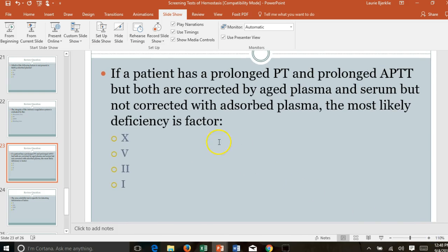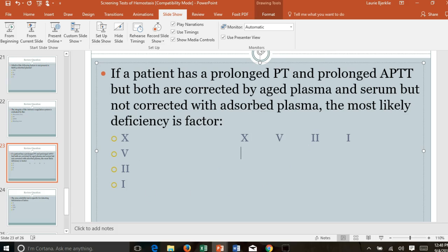The very first thing that I do when trying to solve this is first look at my PT and APTT results. So if both are prolonged, that tells me it has to be something in the common pathway, because it needs to be in the common in order to be prolonging both. So that is choices 10, 5, 2, or 1. And you'll see that's our choices right here in the multiple choice question.